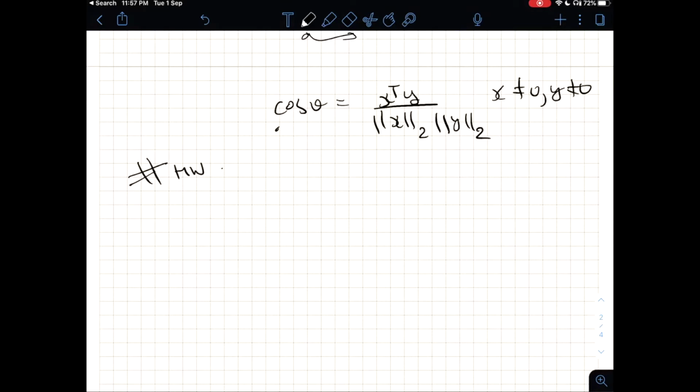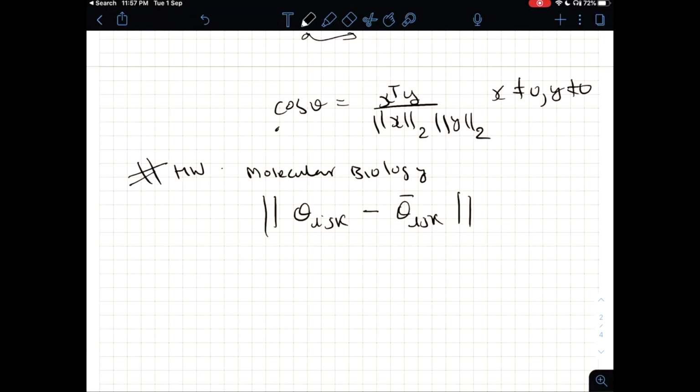You remember that example that I did from molecular biology, where I said that if the angle between the three items i, j and k is theta ijk, then in my optimization problem, I had a term which said that I wanted to look at the square of this, with some angle constant aijk.